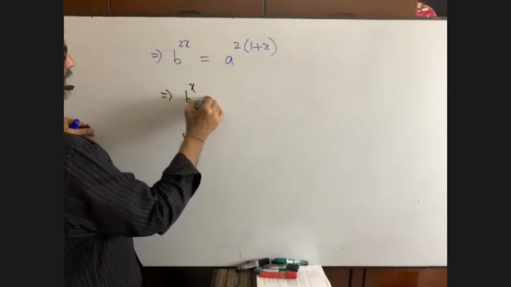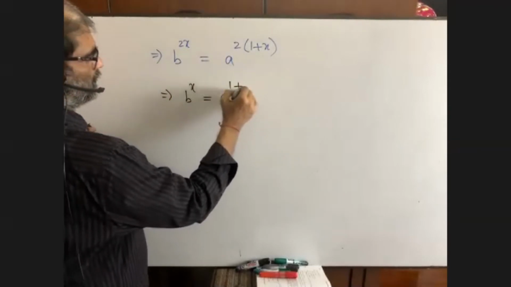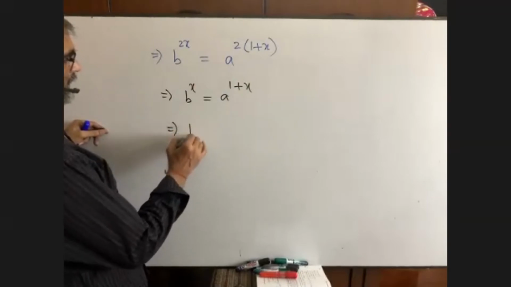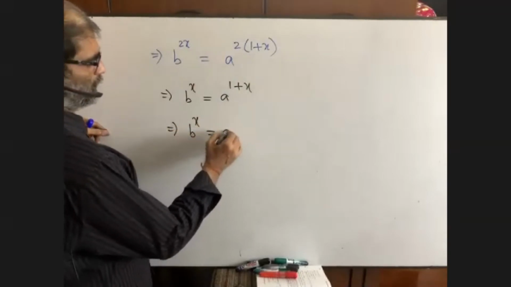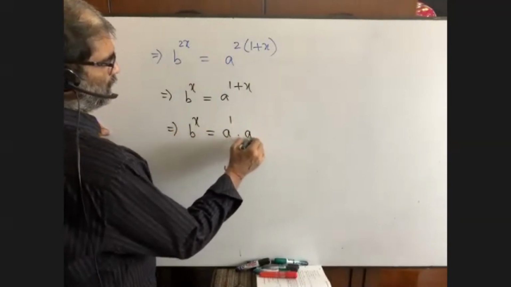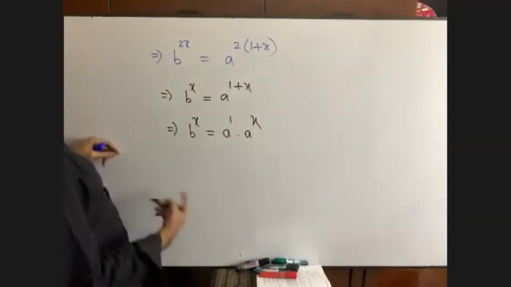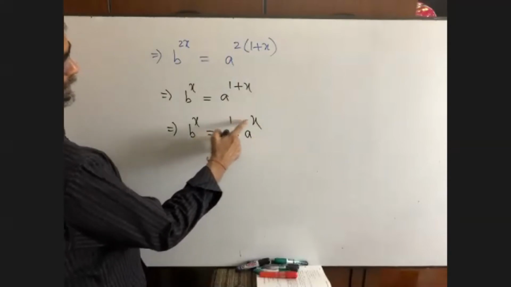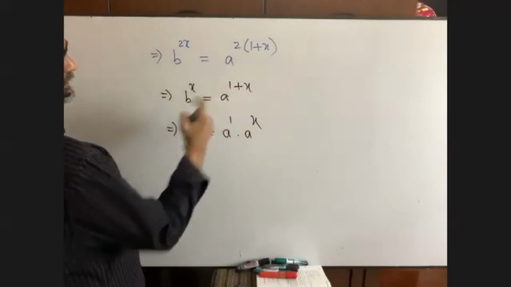So B to the power x is equal to A to the power 1 plus x, by square rooting. We are getting here B to the power x is equal to A to the power 1 into A to the power x. You see, it is multiplication, so powers will be added, 1 plus x.